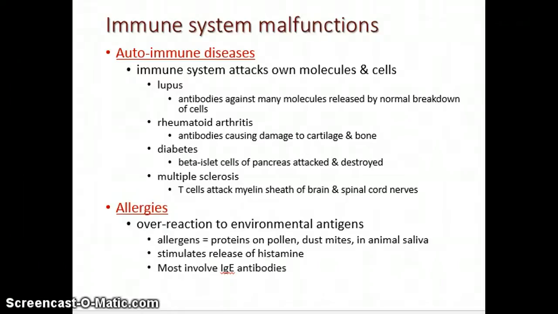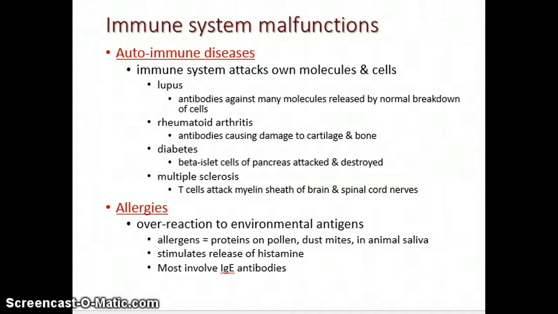Most often, these IgE antibodies attach by their base to the mast cells that are located in the connective tissue. So for example, the mast cells located in our nasal lining are often what are going to have IgE antibodies present there.